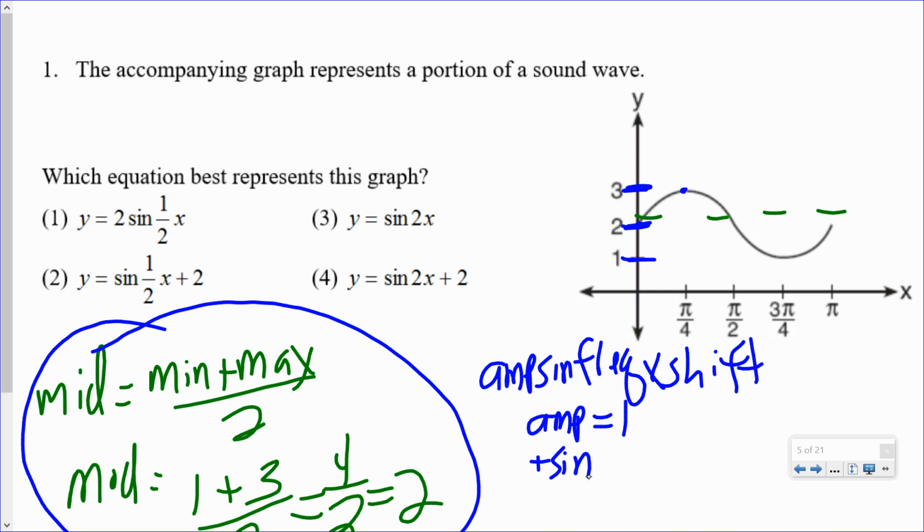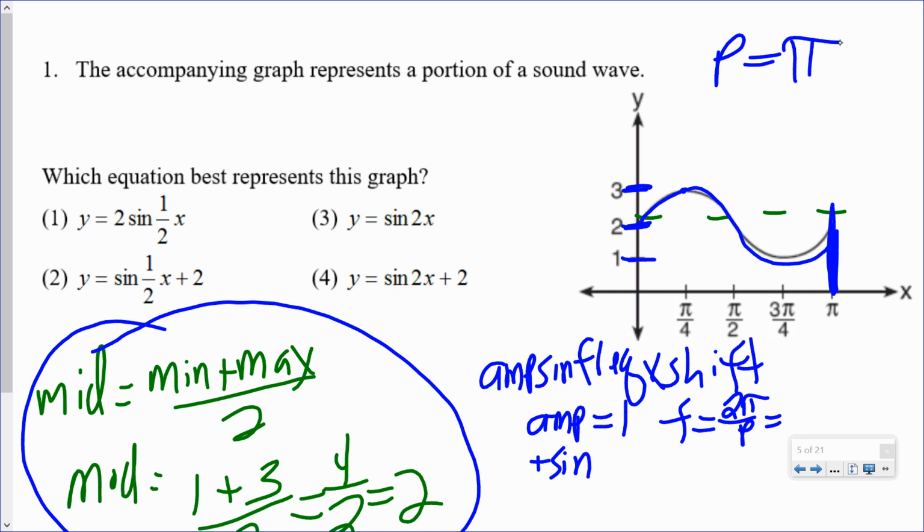Freq. Well, frequency is 2 pi over the period. So what's the period? Well, this is important. The period is the wavelength. It's where one full wave ends. One full wave ends there at pi.